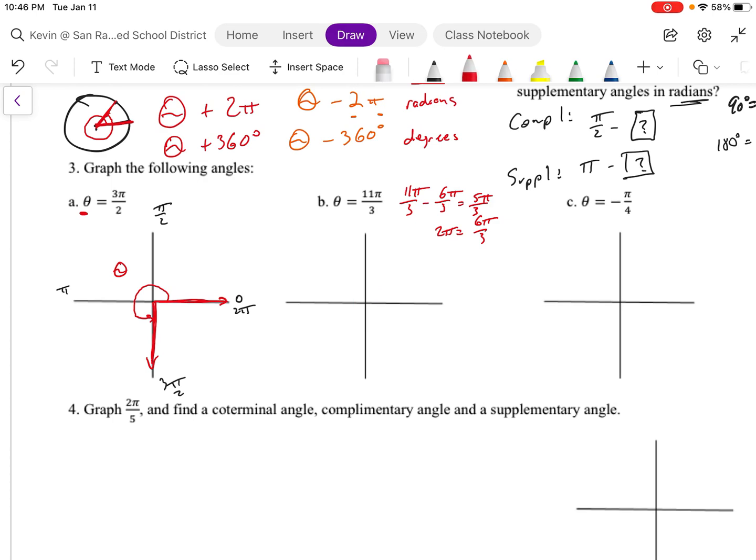So if I'm drawing this angle, 11 pi over 3 equals 2 pi plus 5 pi over 3. So I go all the way around. There's my 2 pi. And then I need to go another 5 pi over 3, which is clear around here. And that's what my angle would look like. So that's my theta.